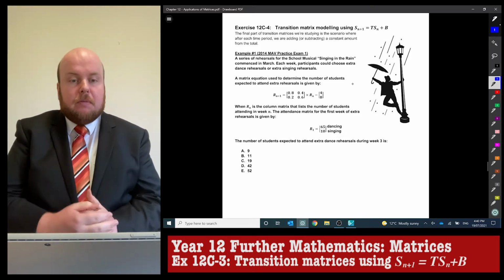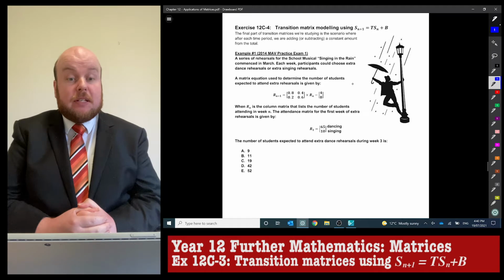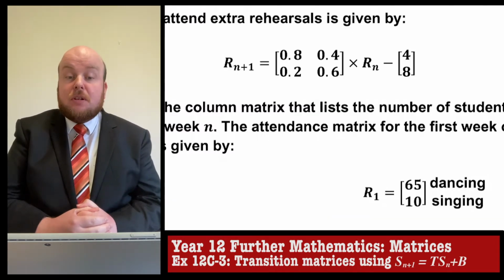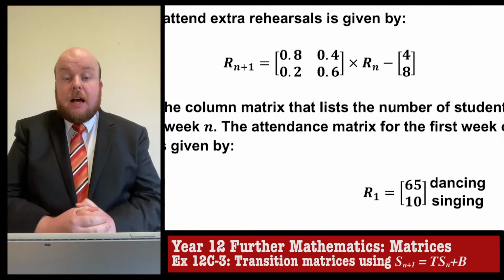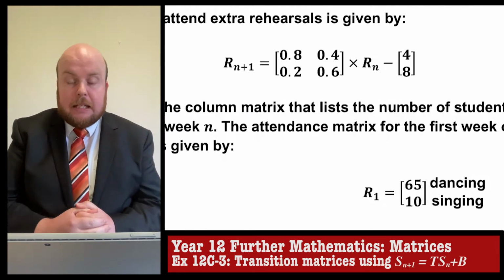So here, we're going to start with this first example 1 from 2014 MAV Practice Exam 1. A series of rehearsals for the school musical Singing in the Rain commenced in March. Each week, participants could choose extra dance rehearsals or extra singing rehearsals. A matrix equation used to determine the number of students expected to attend extra rehearsals is given by that particular equation there.